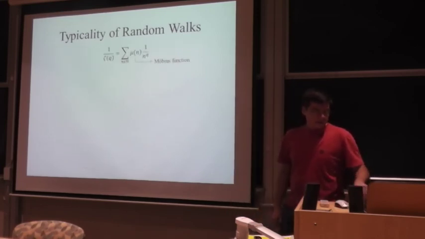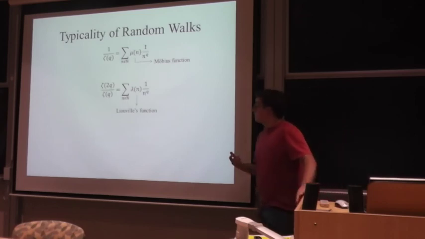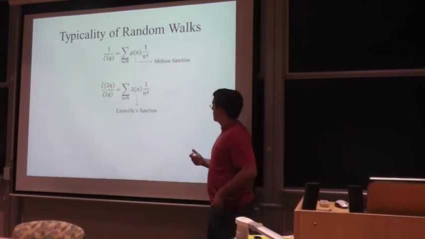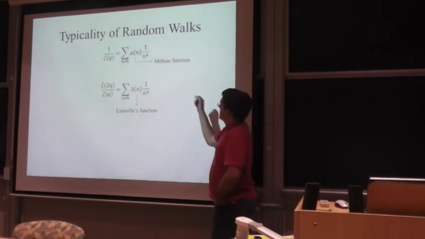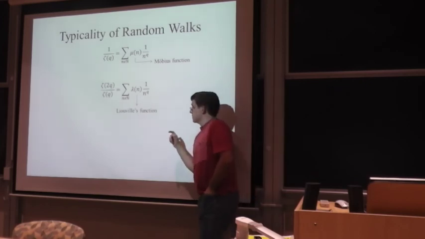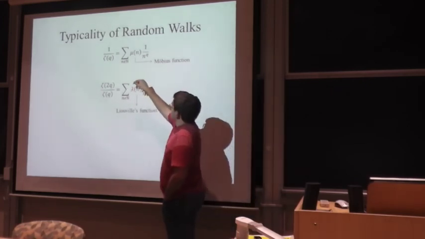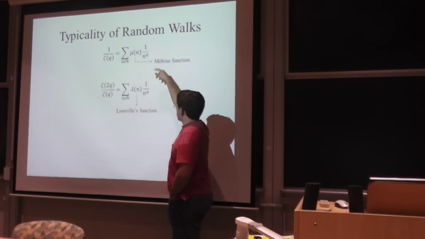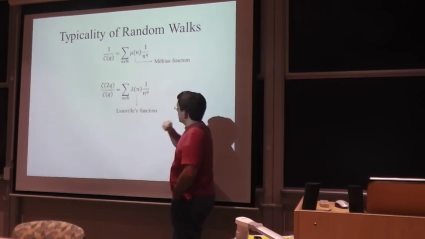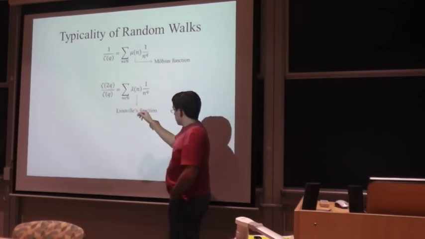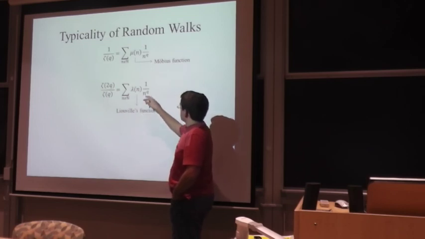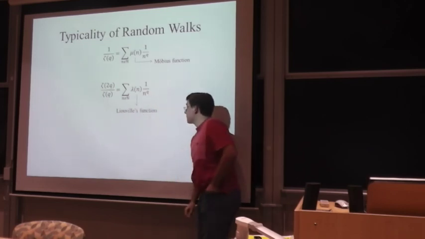Now, there are two different variations on the zeta function, which can be written in terms of something similar to the zeta function. For example, 1 over zeta of q is the sum of the Mobius function times 1 over n to the q. And zeta of 2q over zeta of q is the sum of the Liouville function times 1 over n to the q.